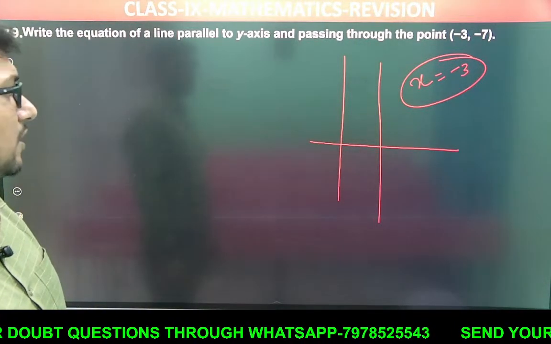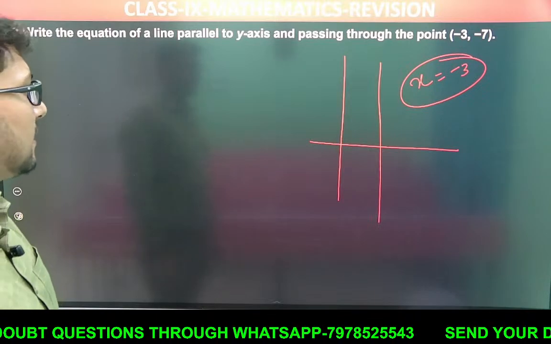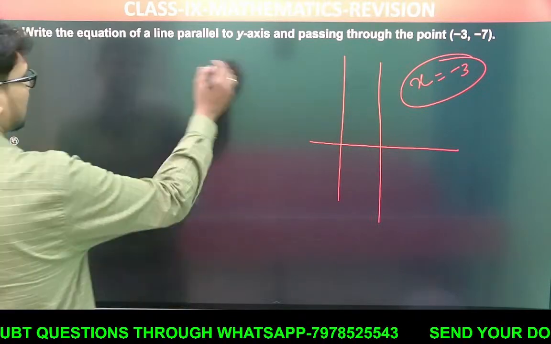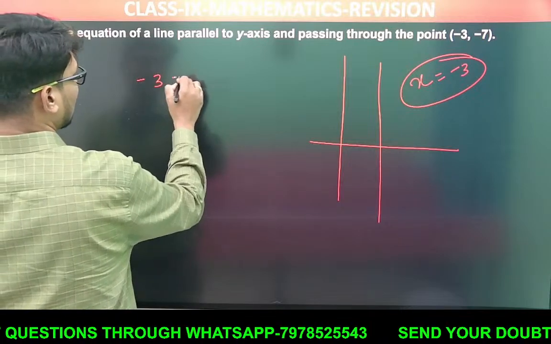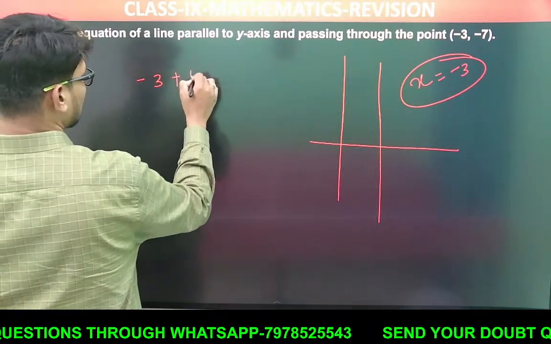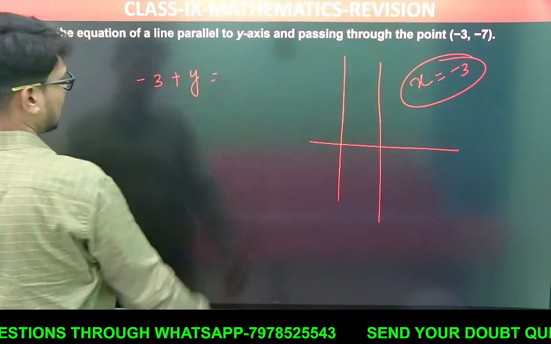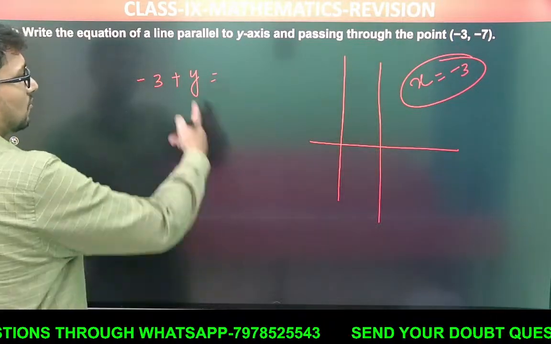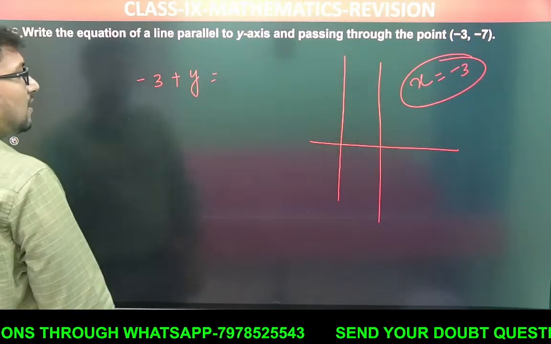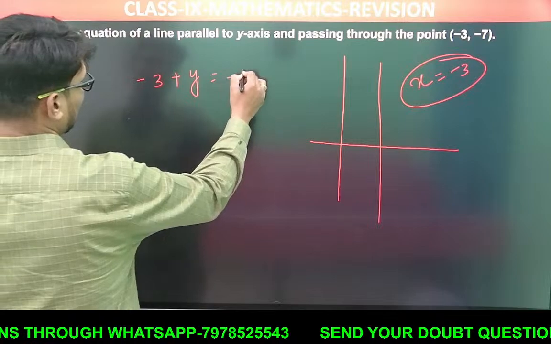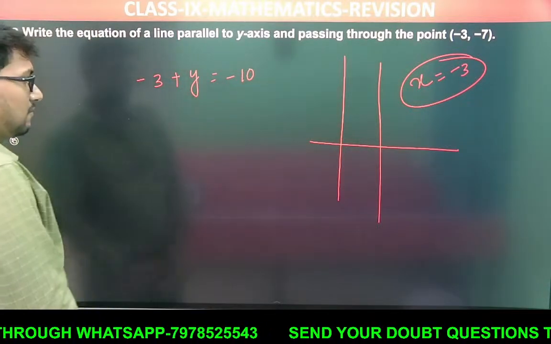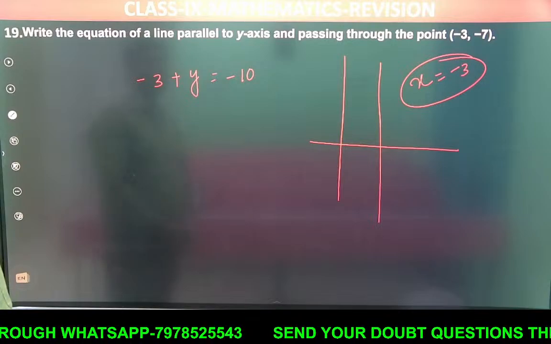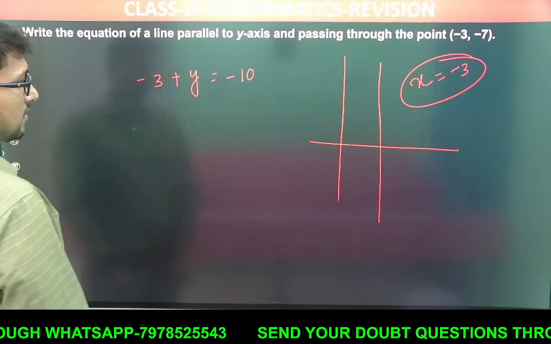So we can write the equation like this: -3 plus y is equal to how much? Check. Though y is -7, -3 -7 is how much? -10. -3 plus y is equal to -10.